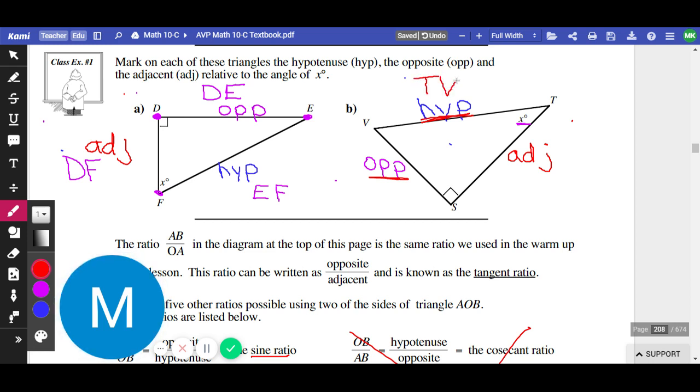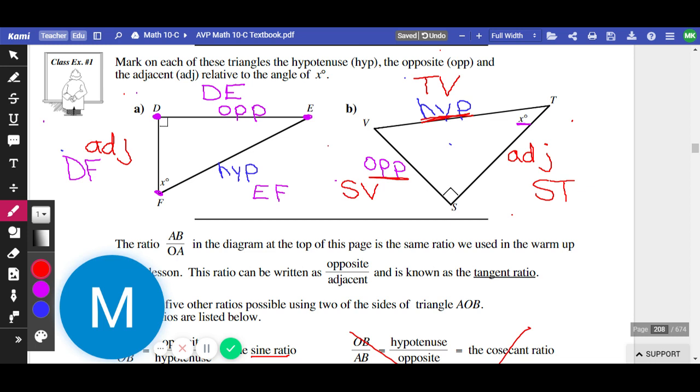I'm going to do TV because I think that sounds cooler. Doesn't matter as long as it's from one point to the other point describing that side length. The adjacent side would be T to S or S to T. It doesn't matter which way you do it. This side length would be VS or SV. Again, doesn't matter which way you do it.